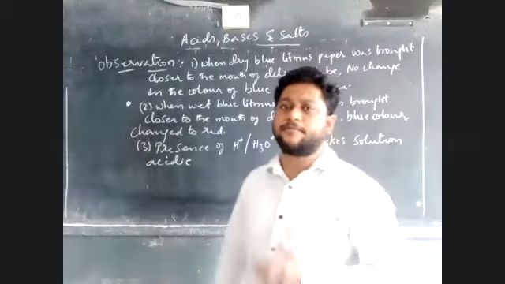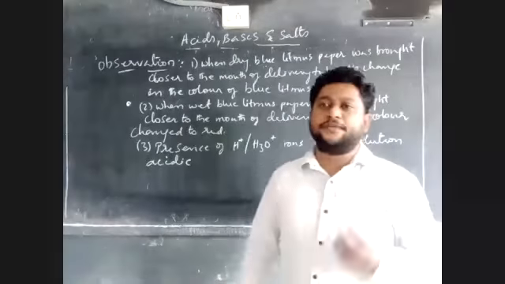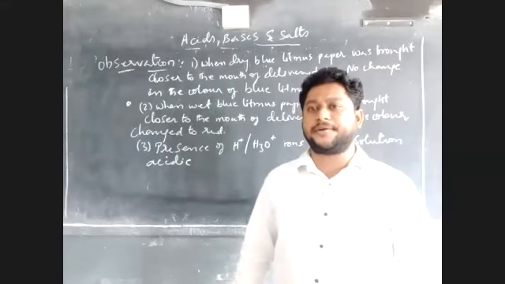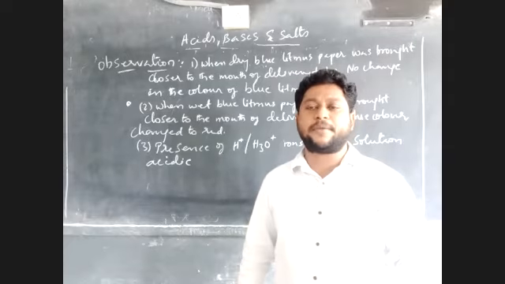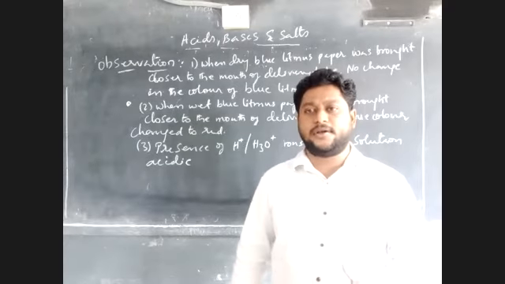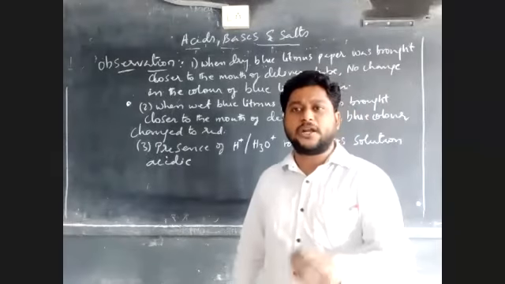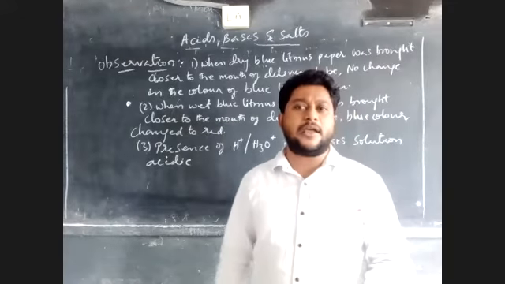So this is our observation. What did we observe? We observed that dry blue litmus paper does not change its color, whereas the wet blue litmus paper changed its color to red. What is the reason? HCl gas reacting with the moisture forms hydronium ions.